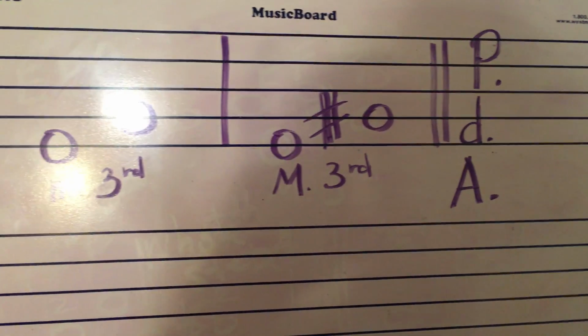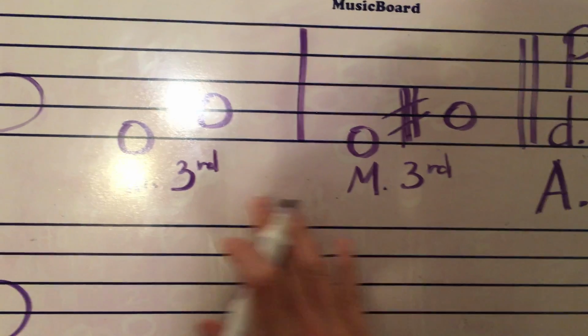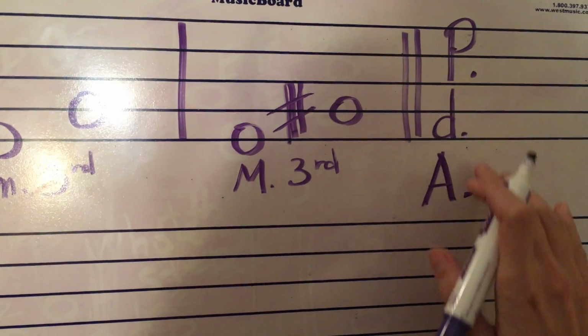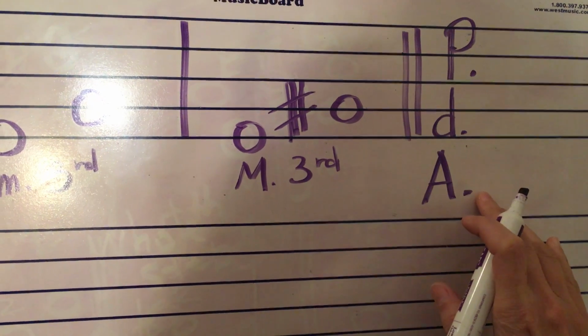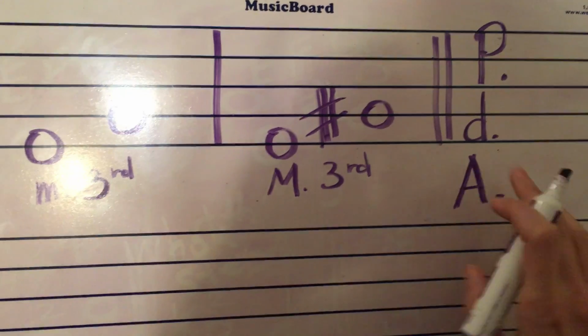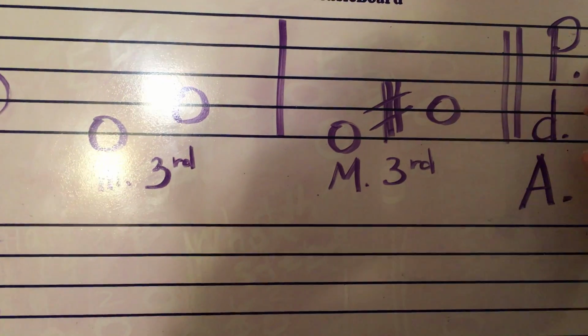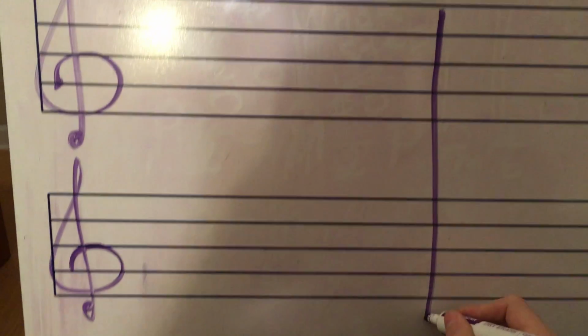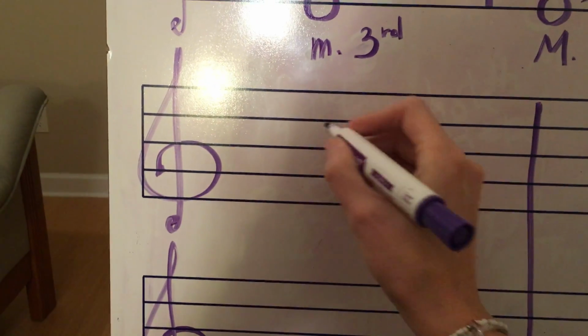Right. So let's just talk about minor intervals, major intervals, and then perfect intervals. The diminished and augmented is a little bit more advanced. We can talk about it in another video, but let's just take these 3 qualities of intervals. So let's just make a little chart here.